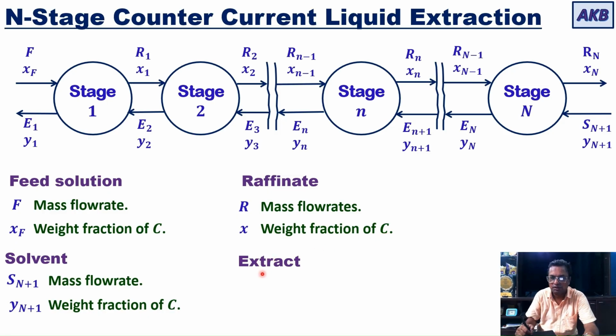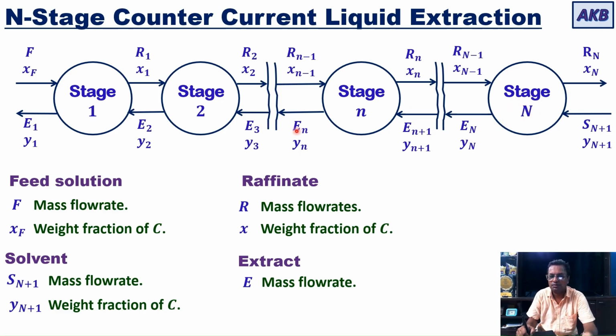Then for the extract phase, E will be its mass flow rate, and extract phases coming out of different stages will have different mass flow rates. So capital E N is the mass flow rate of the extract phase that is coming out of N stage.